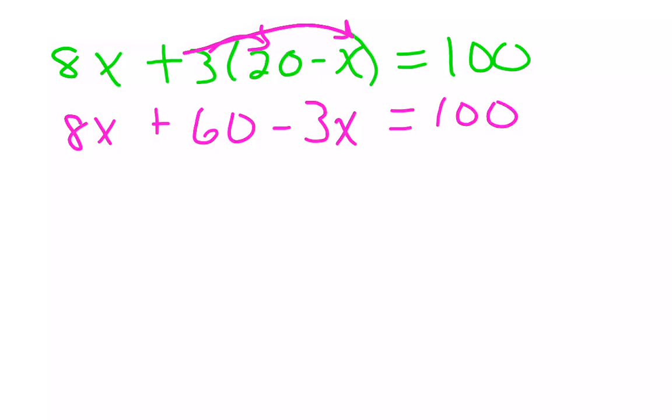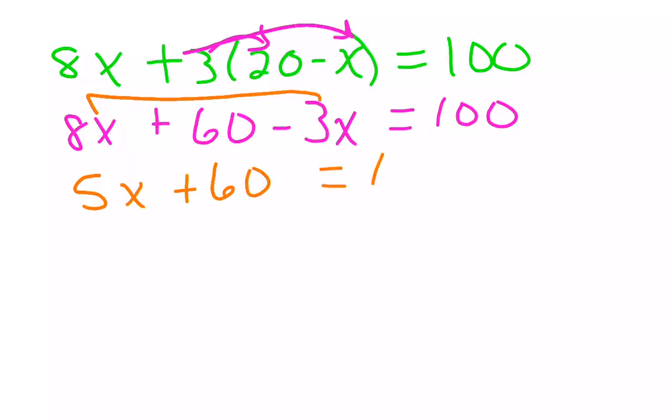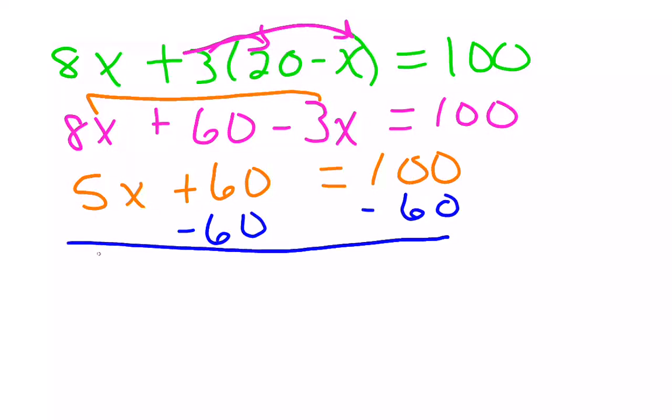Now we want to combine like terms. These two are alike: 8x minus 3x is 5x. Now we can actually solve. We subtract 60 from both sides, and we get 5x equals 40.